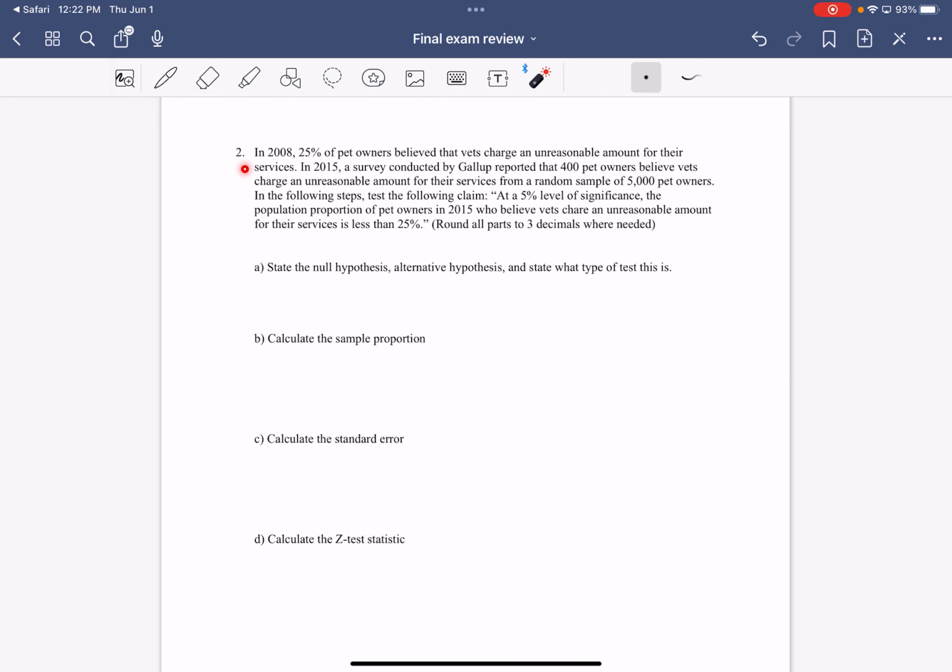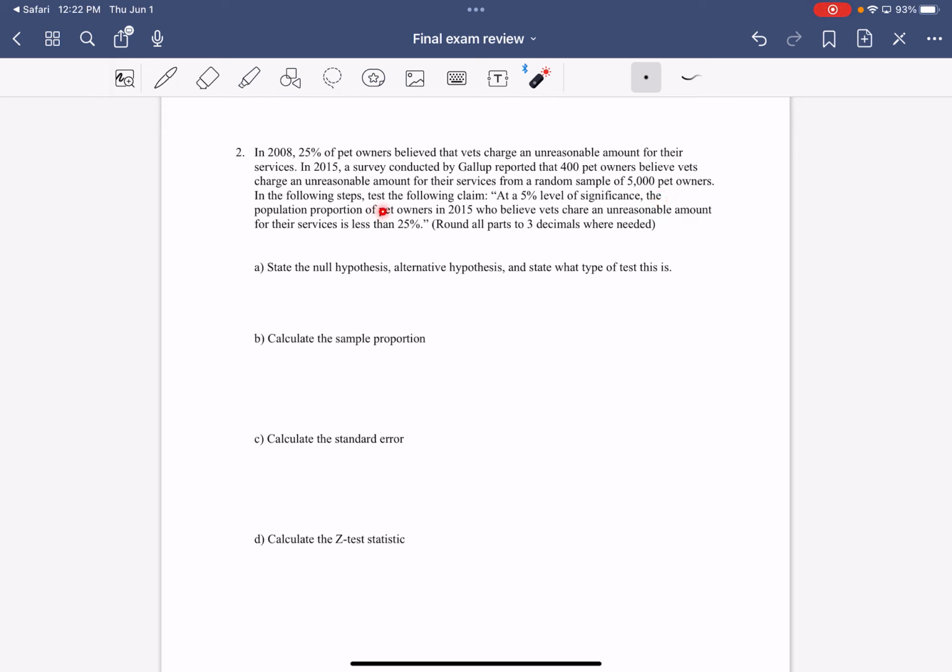Number 2. In 2008, 25% of pet owners believed that vets charge an unreasonable amount for their services. In 2015, a survey conducted by Gallup reported that 400 pet owners believe vets charge an unreasonable amount for their services from a random sample of 5,000 pet owners.